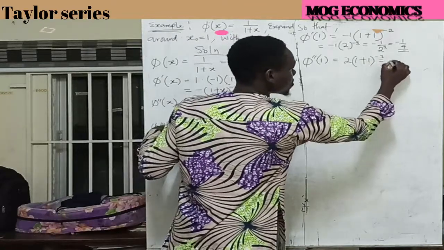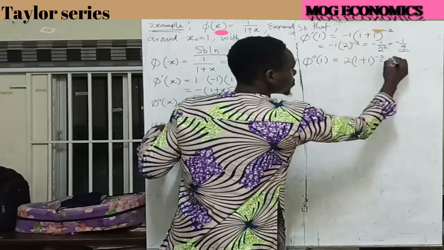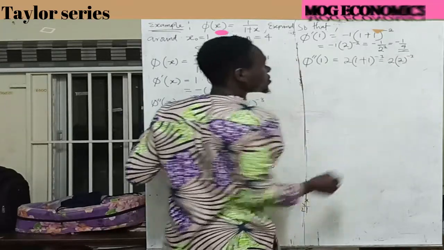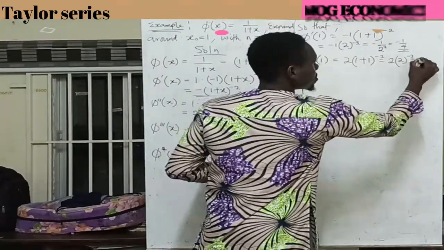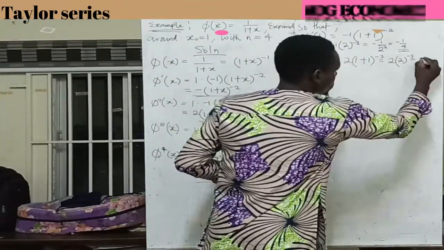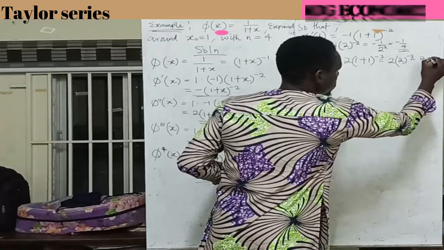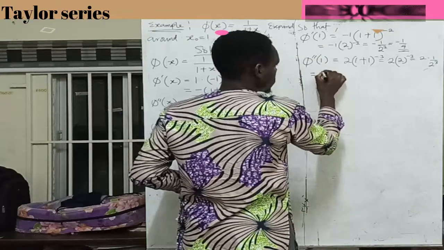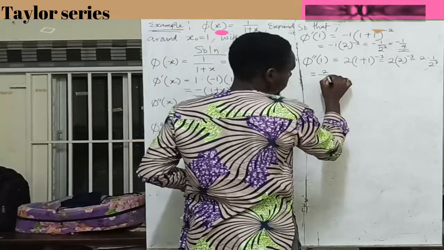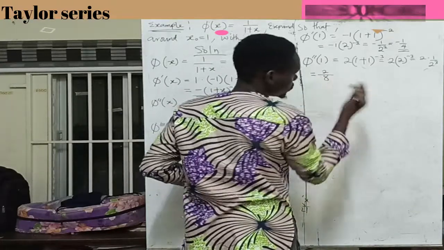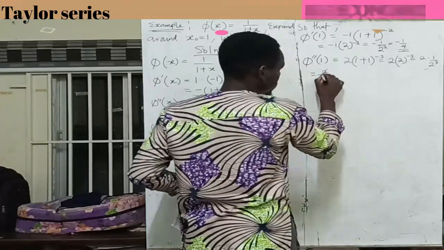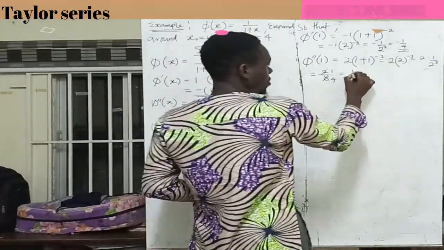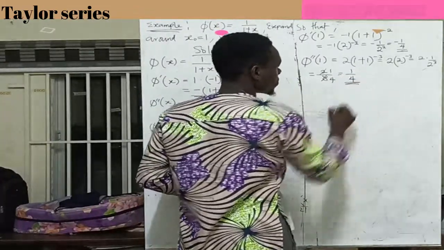So we'll have 2 raised to the power of minus 3, and that is 2 all over 8, which can be reduced further to 1 all over 4.